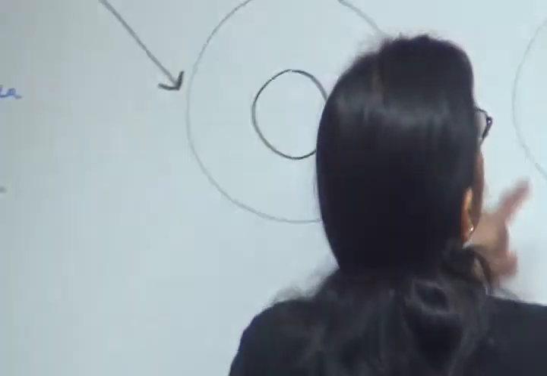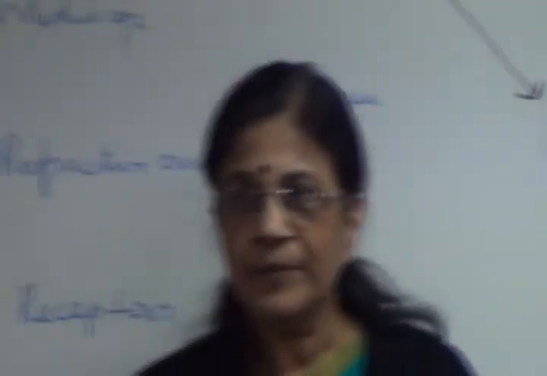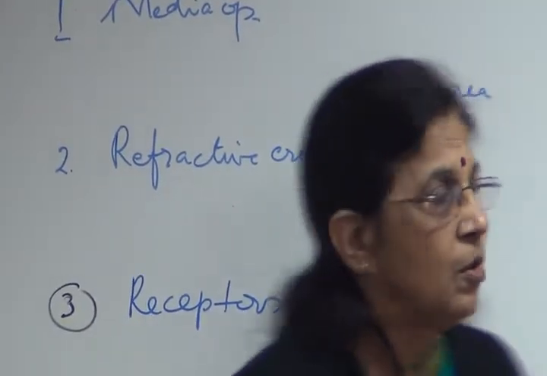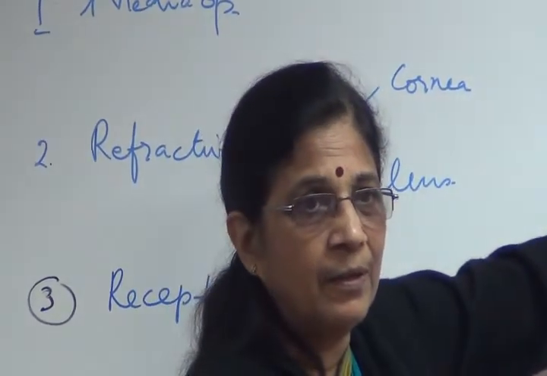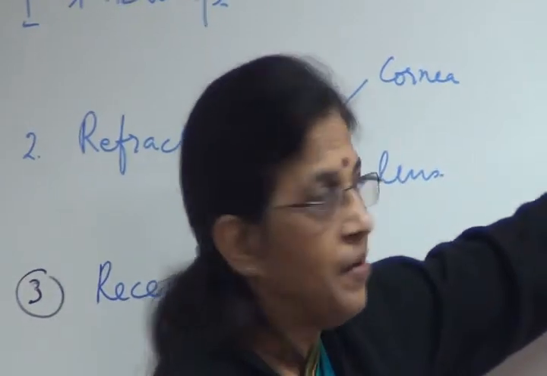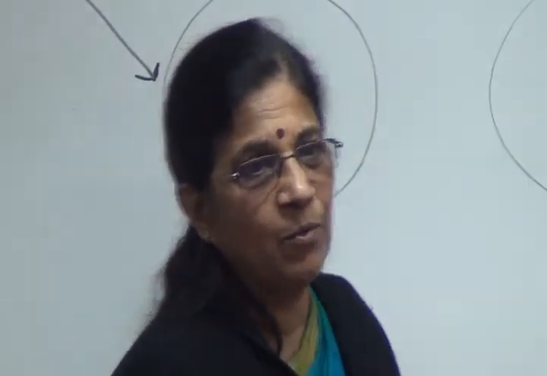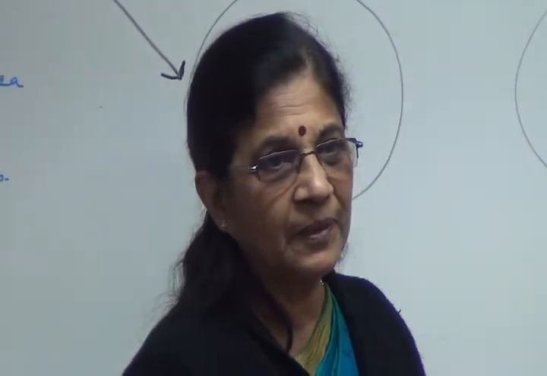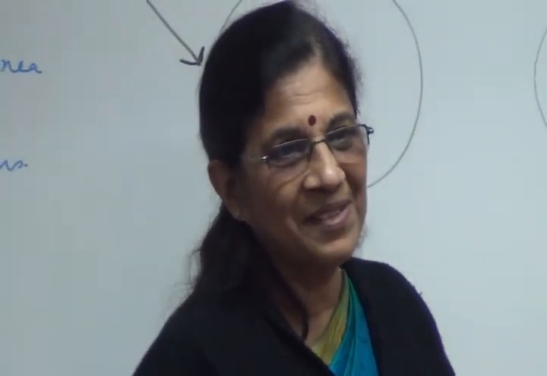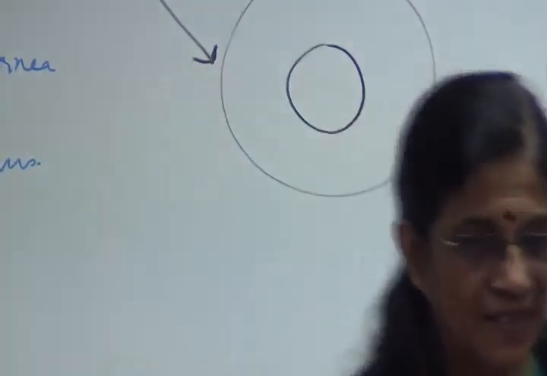You throw light here and you see a reaction here, that is the consensual reaction. So, you throw light here, this pupil reacts briskly, but that pupil doesn't. What does that tell you? The fibers that are shared between the right optic nerve and left optic nerve are somehow damaged.